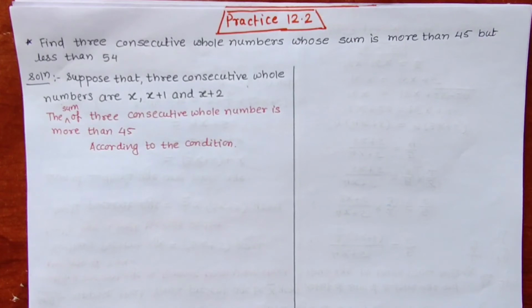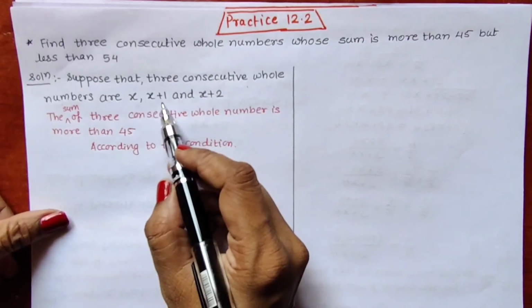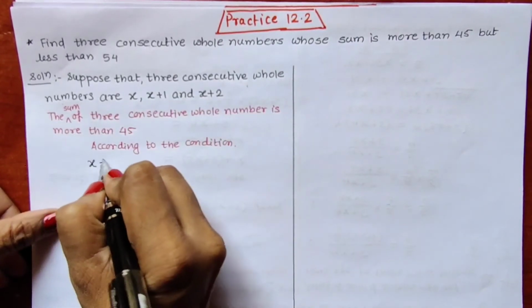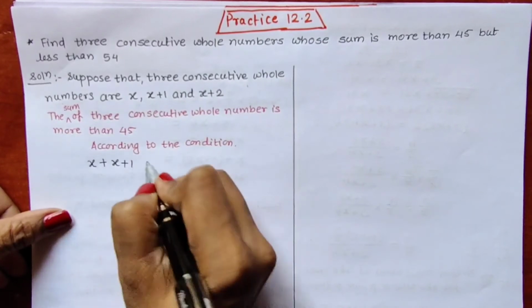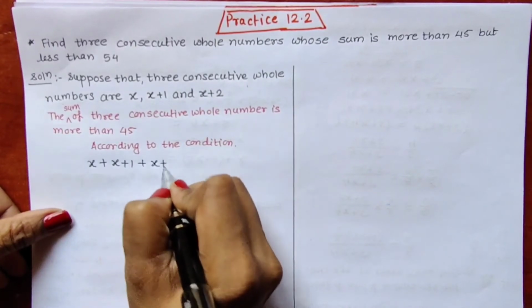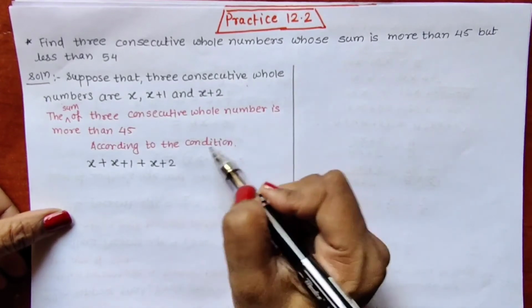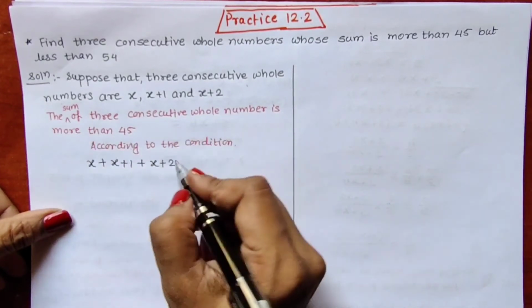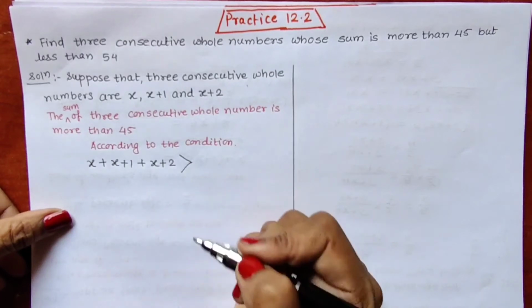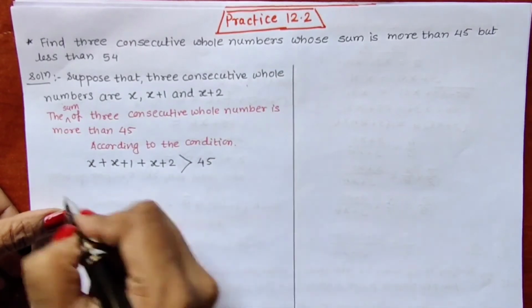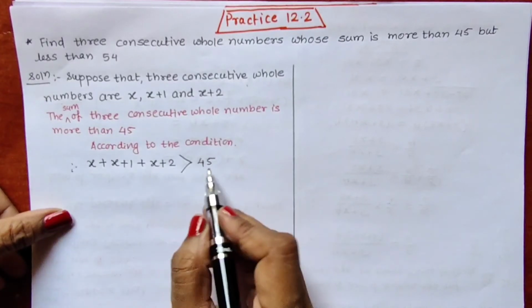Sum means total, we all know. So total of these 3 numbers, that means x plus x plus 1 plus x plus 2. Sum of all these 3 numbers is more than 45. More than, this is the symbol for more than. Okay. So their total is more than 45.